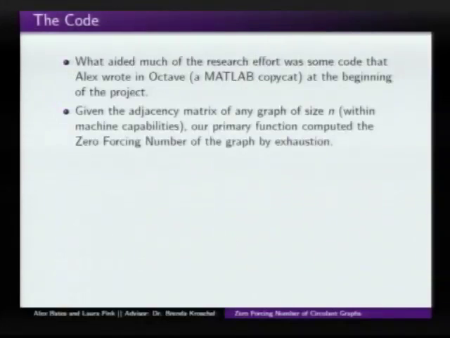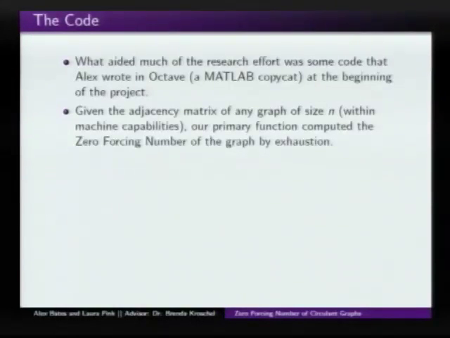And given an adjacency matrix, so the zero non-zero pattern we were talking about associated with any graph, our primary function computed the zero forcing number of the given graph by exhaustion. I say within machine capabilities because obviously you can't compute something that's 5 million by 5 million. It just won't work.